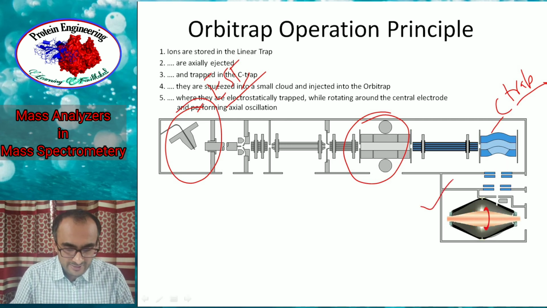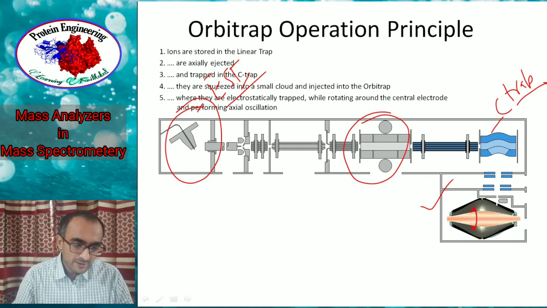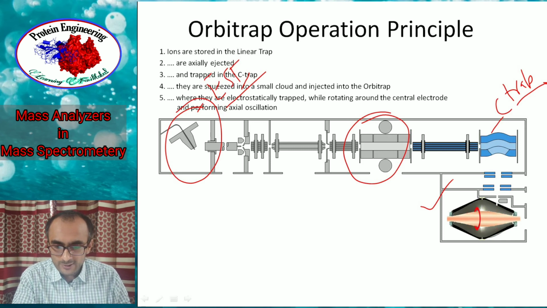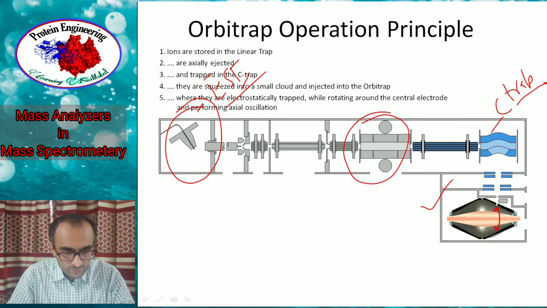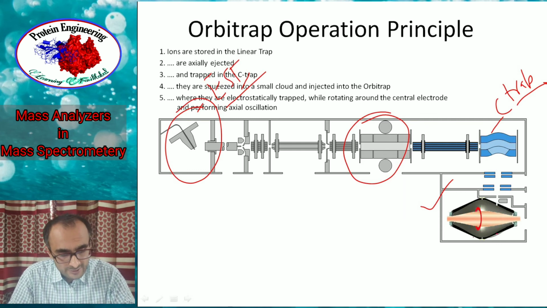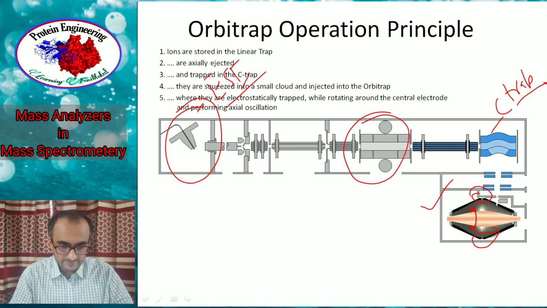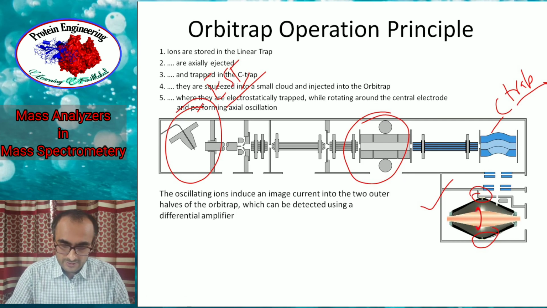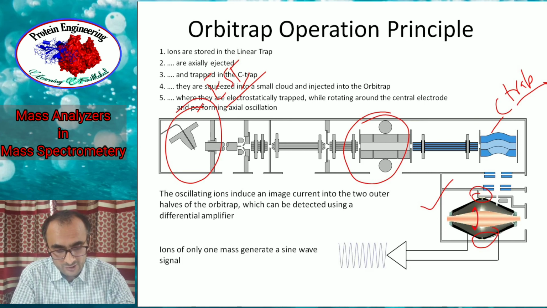Here these ions are electrostatically trapped around the middle spindle electrode while rotating around the electrode and performing axial oscillation. While the ions oscillate around this middle electrode, the change in current potential in the outer electrode is measured with respect to time. This oscillating ion induces an image current into the outer half of the Orbitrap, which are the two outside cup-shaped electrodes, and it can be detected using a differential amplifier.